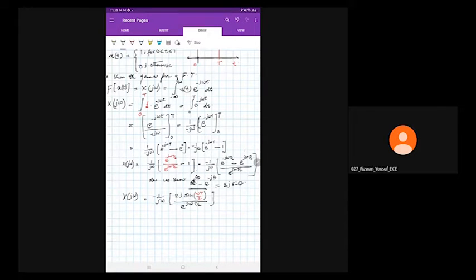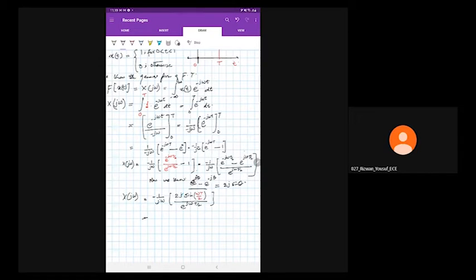Now see, you have a j in the numerator and a j in the denominator, so this can be cancelled with this.